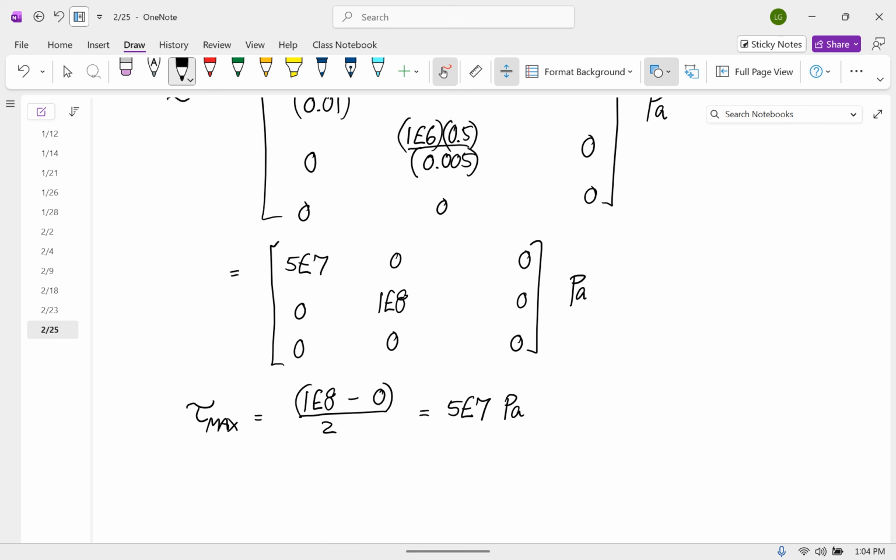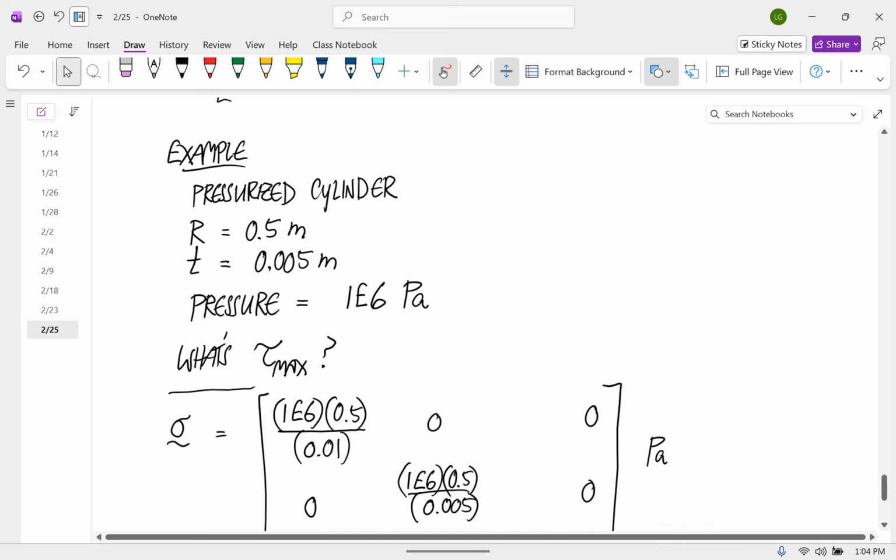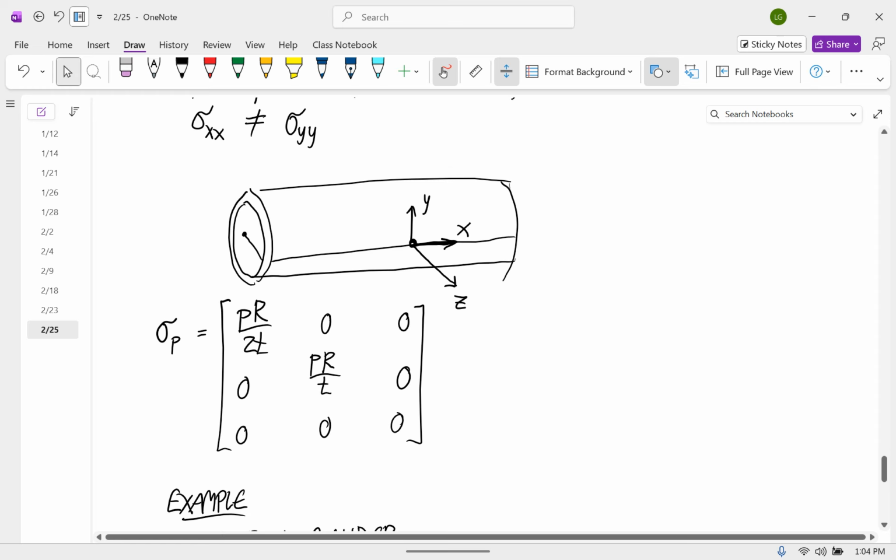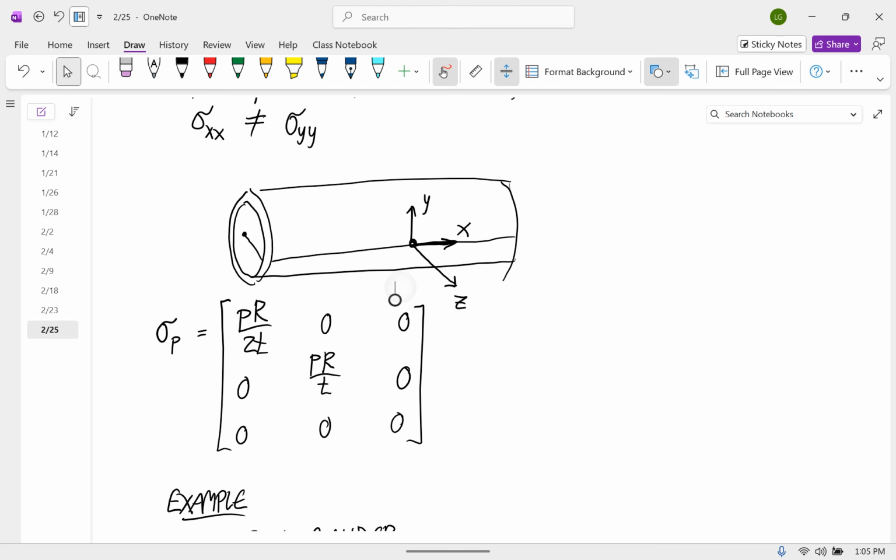Which one? Well, you have to think about the 2 directions. Line your X and Y axes up tangent to whatever point you're looking at, with the X axis along the length of the cylinder. And then this is the stress tensor.